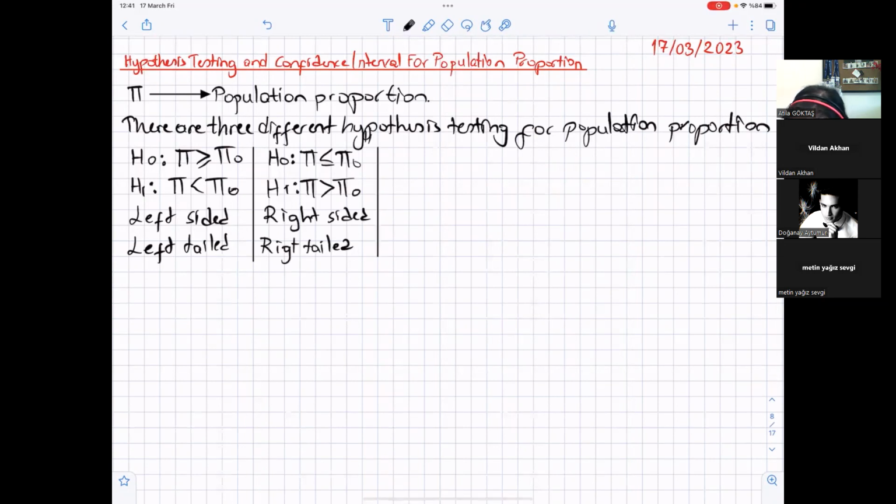Okay, the last one, the null hypothesis. This time you establish it as equality: pi equals pi null, and the alternative is pi is not equal to pi null, and we call it double-sided, two-sided, or two-tailed.